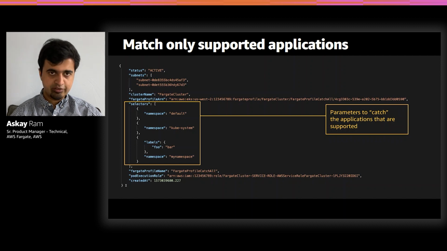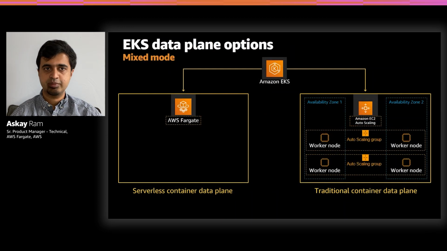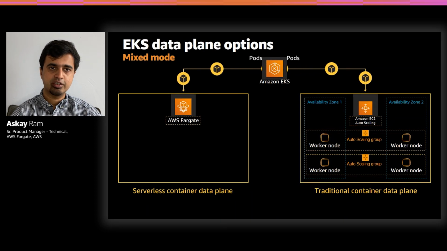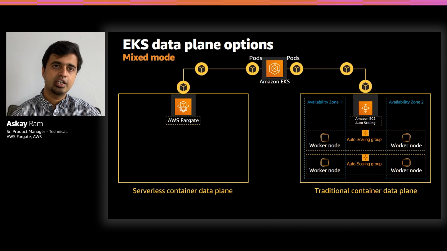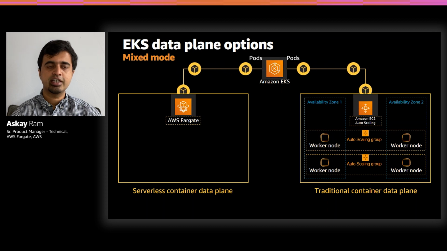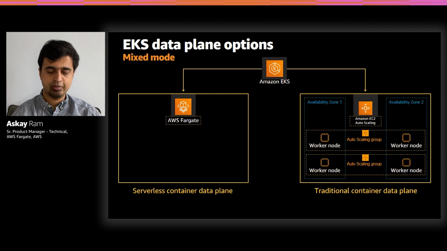And behind the scenes, every EKS cluster is a mixed cluster, and we see this pattern a lot. So you can operate your machine learning pods on EKS on EC2 or managed node groups, and you can run the rest on Fargate. And as I said, it's never an either-or decision. It's usually an and. We see customers operate across a variety of compute options with Amazon EKS.